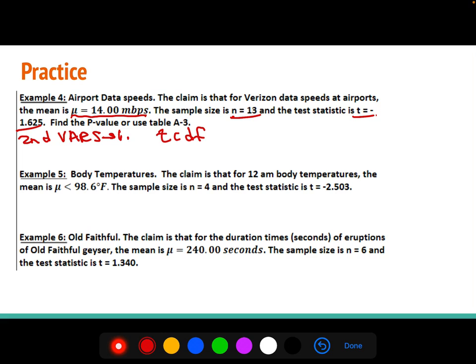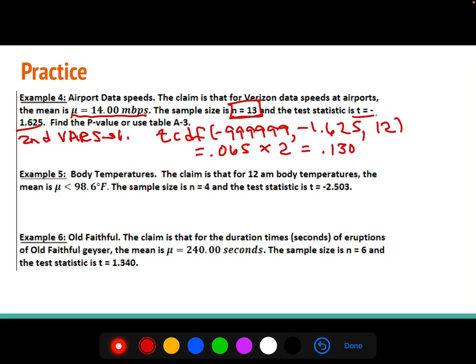We put in the t cumulative distribution, put in a small number, and that's negative 1.625, what they gave us, and 12, because the degrees of freedom is 1 less than your n, and that's going to equal 0.065 something. And it's two-tailed, so times 2 equals 0.1301.